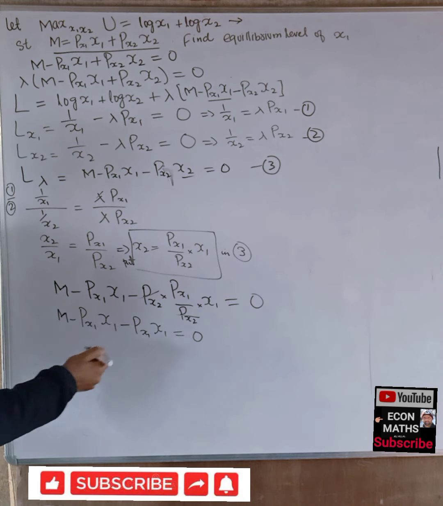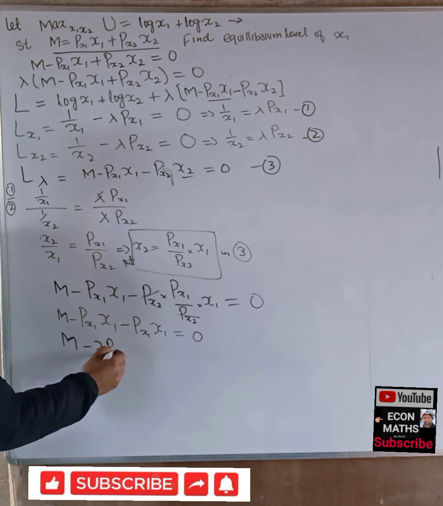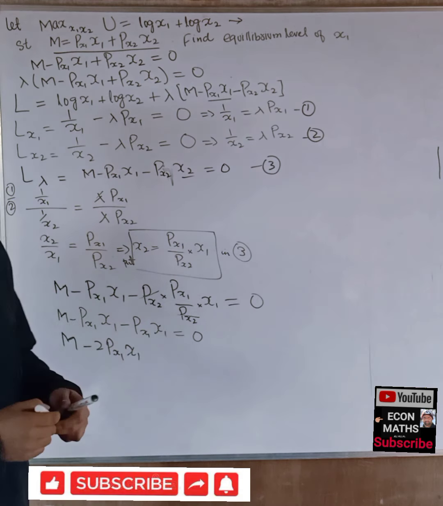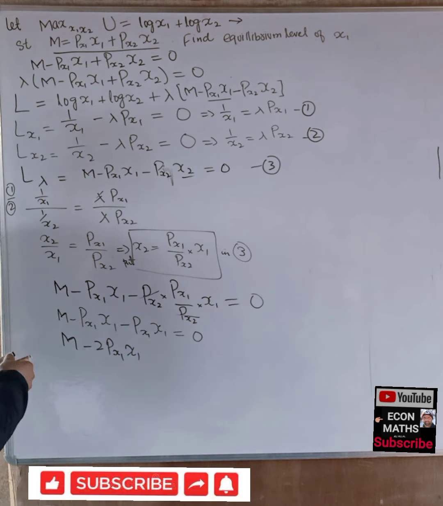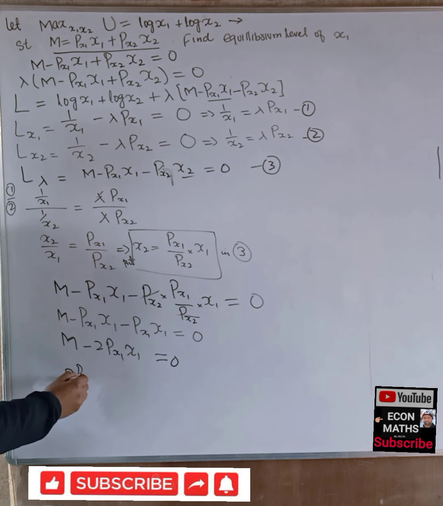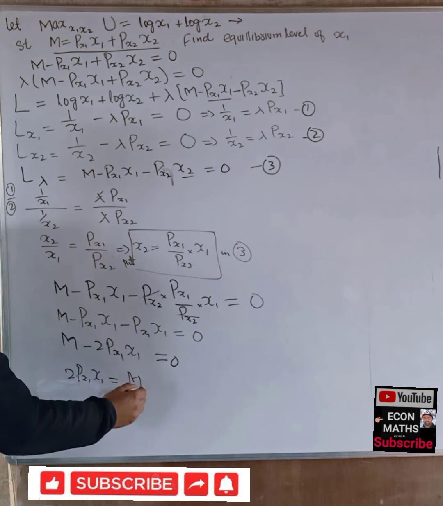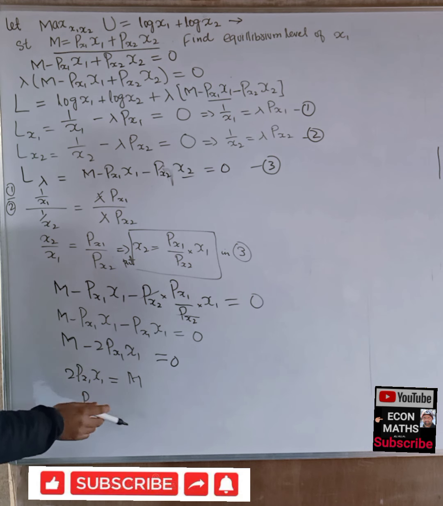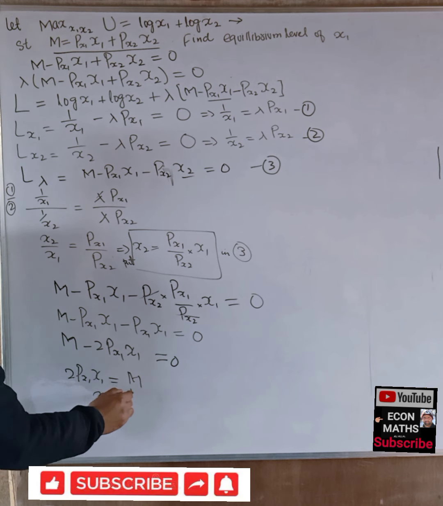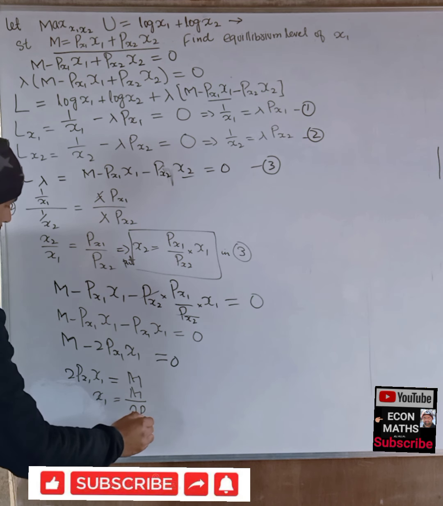Further solving, this becomes m minus twice p x1 x1, because these two terms are the same, equal to 0, or 2 p x1 times x1 is equal to m, or x1 is equal to m divided by twice p x1.